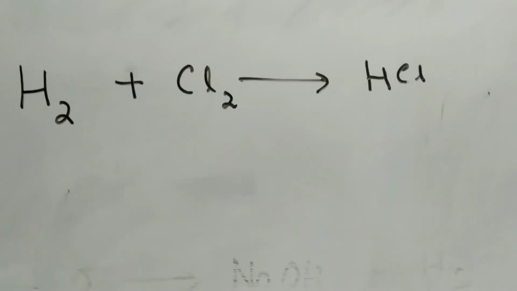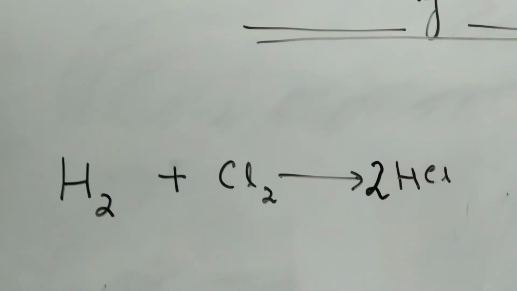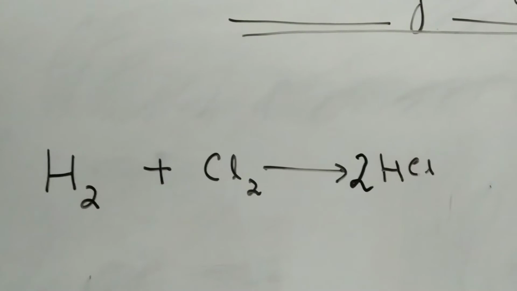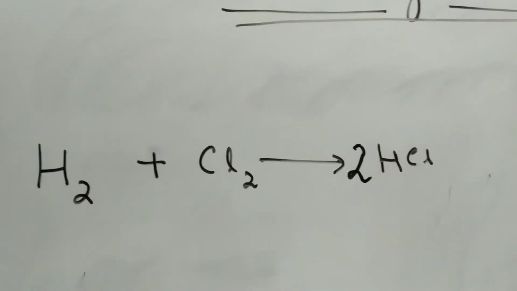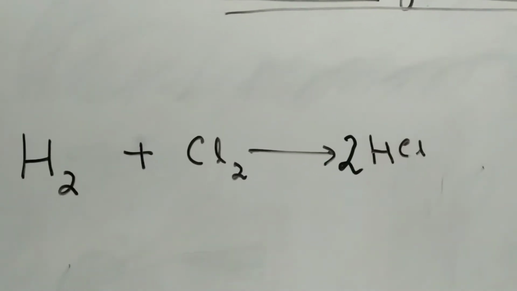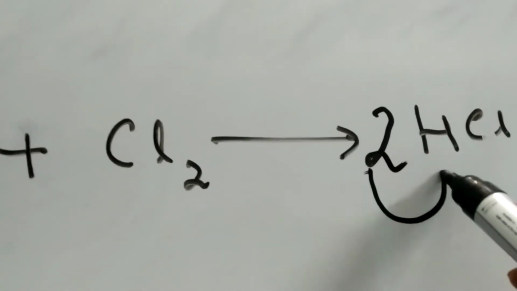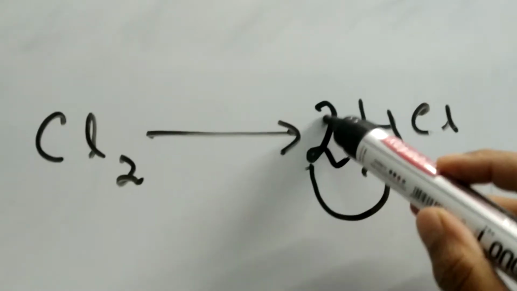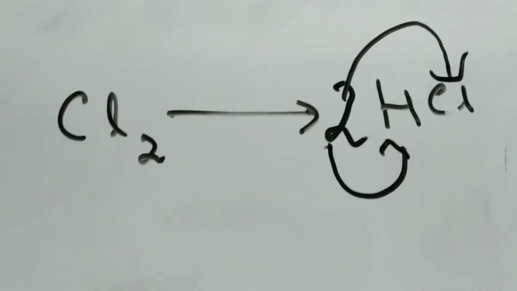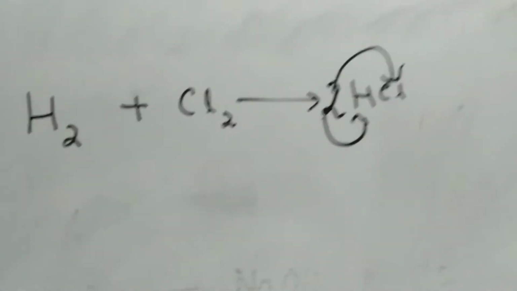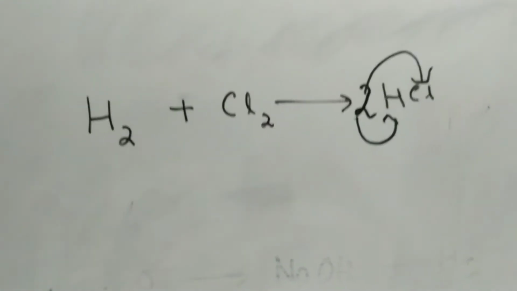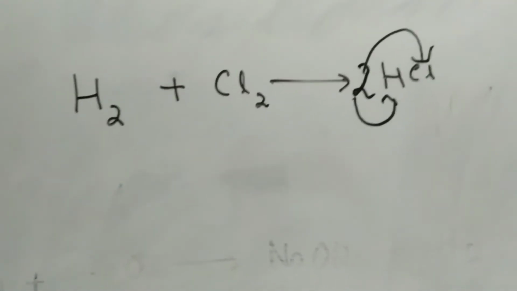Now how to do this balancing, if you see. Here I have put a 2 in front of the product HCl. This 2 which I have put in front of HCl is applicable for hydrogen also, and for chlorine also. The number which you put in front is applicable for all the atoms which are present there.